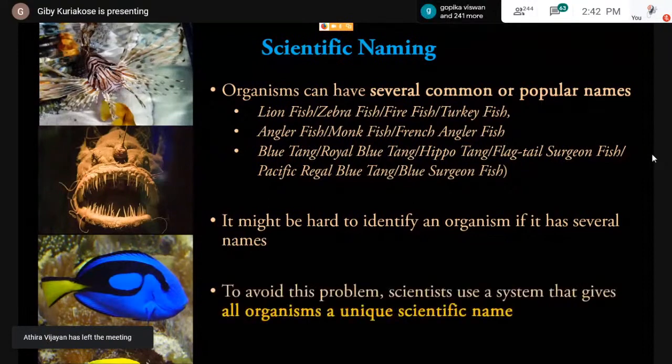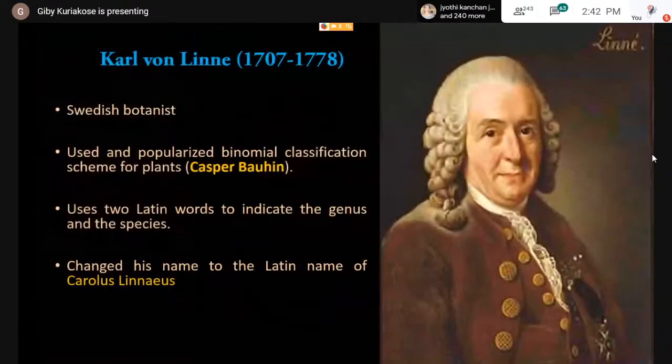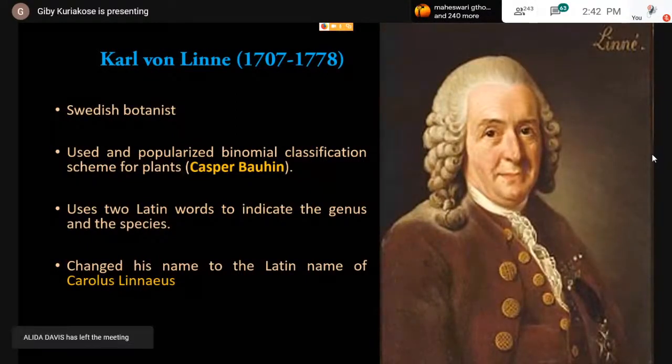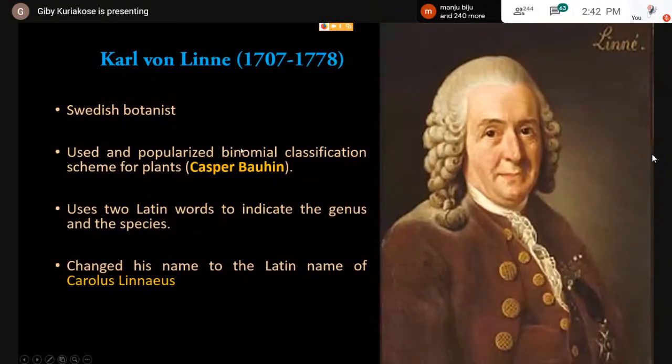To avoid this, we make it systematic or scientific. We use unique scientific names for different organisms, and we have to thank this particular person, not for deriving binomial nomenclature, but for popularizing it. It is none other than Caspar Bauhin who introduced binomial nomenclature using genus and species name. Look at how much he dedicated himself to the field.